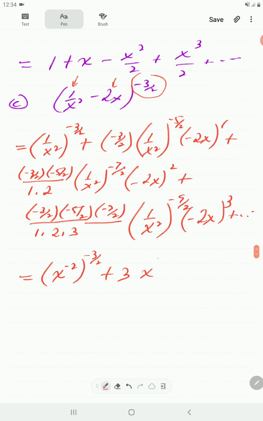This is going to be x to the power 5 times x. I'll explain in a moment how that comes about. The next term is going to be positive as well, because this is positive and we've got 2 negatives here.